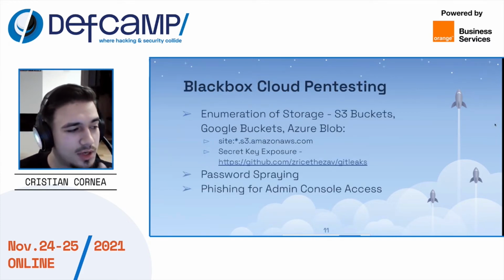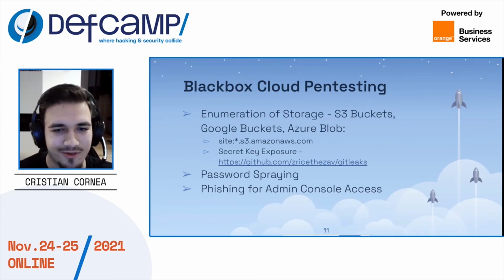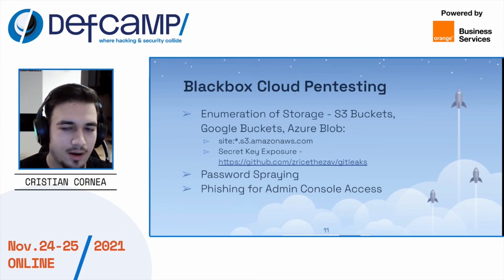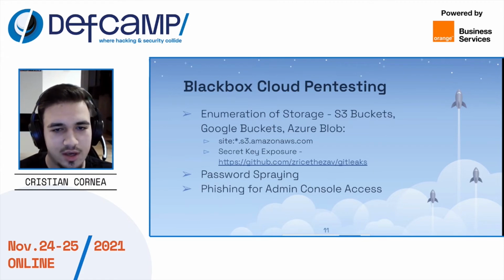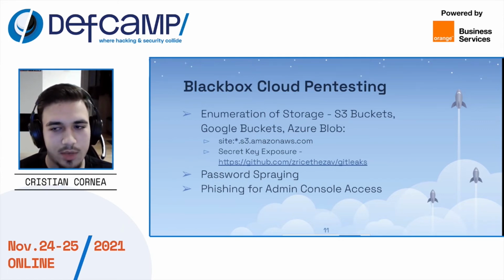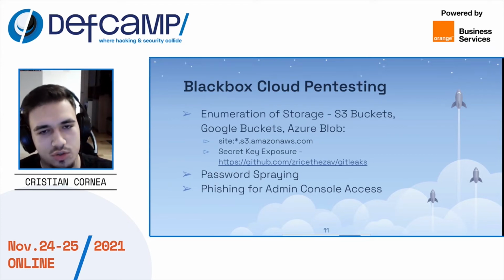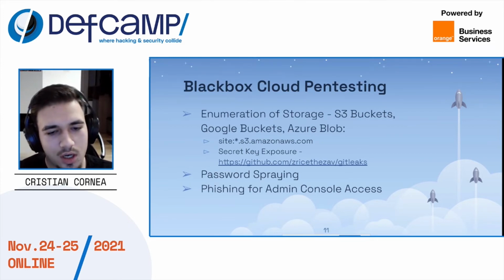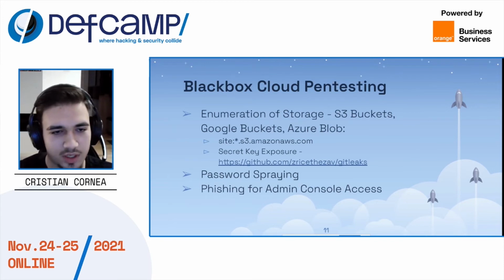Okay, so let's move into the most interesting part of this presentation. We have black box cloud pen testing, and how can we do that? The most common cloud pen testing methodologies, and also, let's say, bug bounty methodologies on the cloud, are the following.